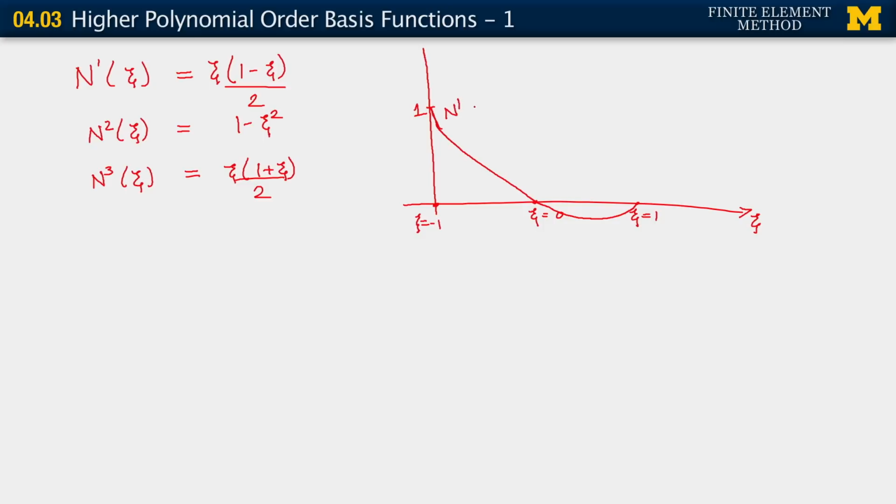To draw N2, let me try to use a different color just for visibility. N2 takes on the shape of a quadratic function looking like that. It's meant to be symmetric. I didn't quite get it symmetric, but it's meant to be symmetric. And this is N2.